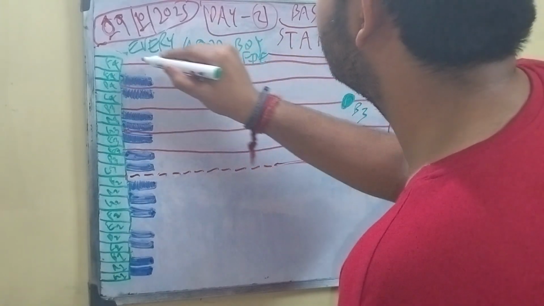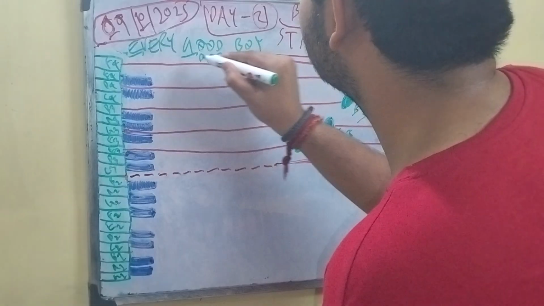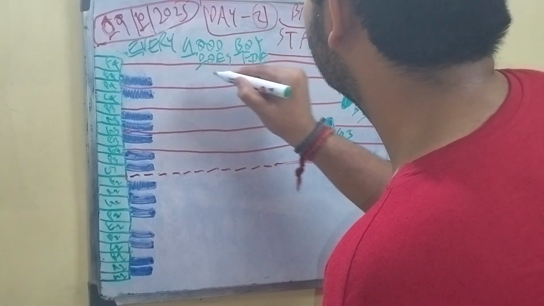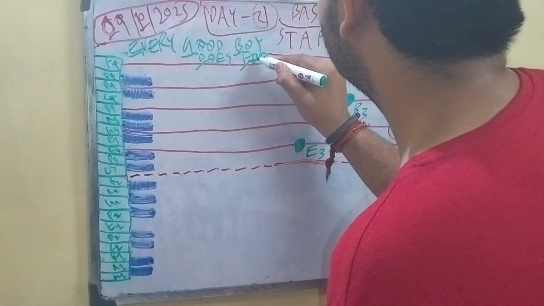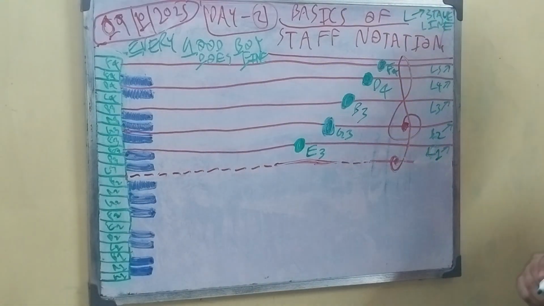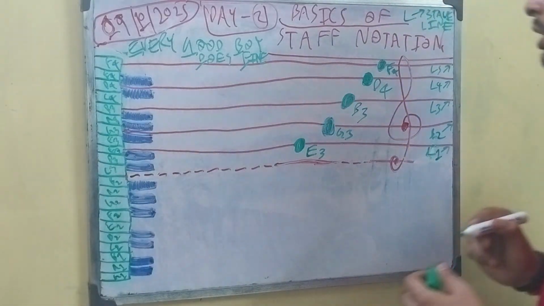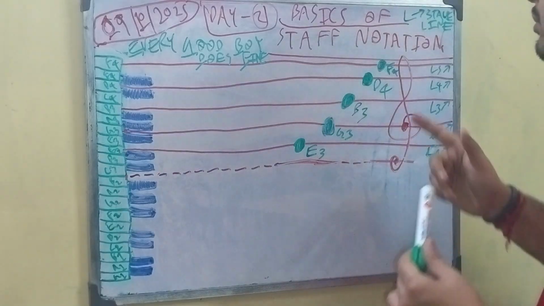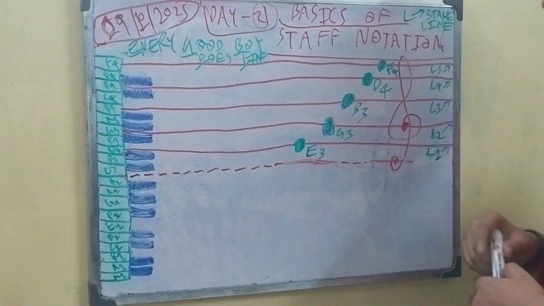Every good boy does fine. I am underlining the first alphabet. E, G, B, D, F. Every good boy does fine. So these are all the stave lines.